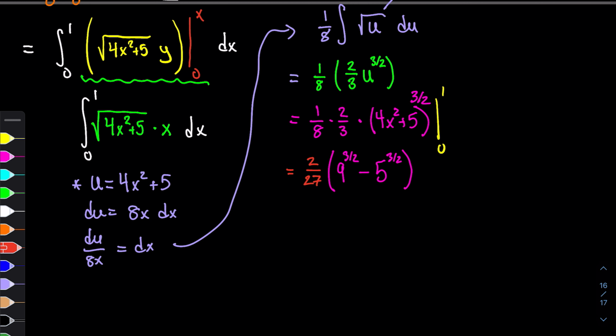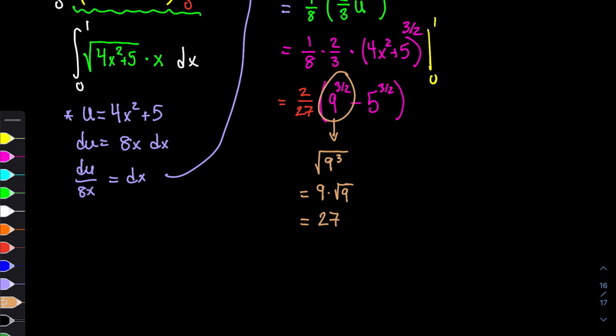Now we can simplify this a little bit, because 9 to the 3/2 is the same thing as the square root of 9 cubed, which is 9 times the square root of 9, which is just 27. So our first term right here is just 27.